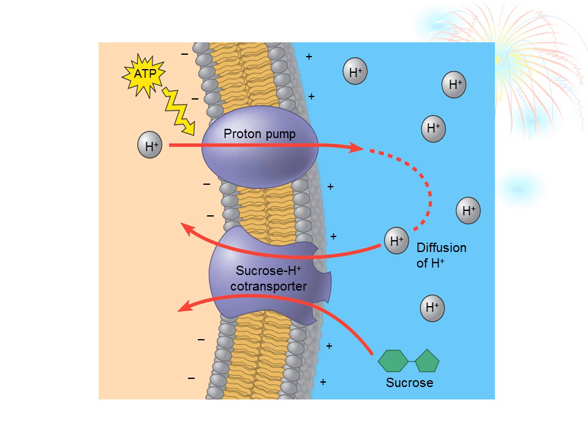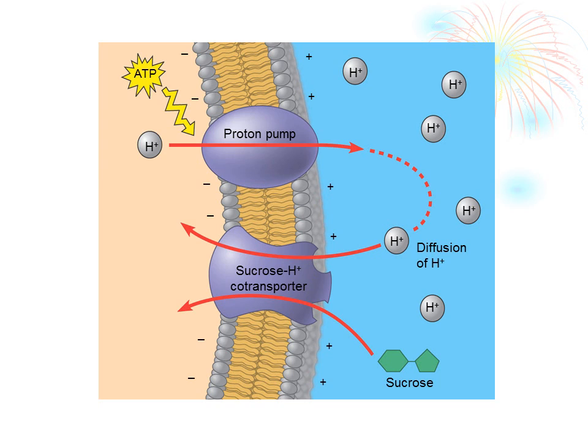So here's an example of a hydrogen gradient. What we see is we have, inside the cell, one hydrogen, and outside we have a bunch. And for some reason that cell's wanting to get rid of those hydrogens, but it's having to push them against its concentration gradient. So it's going to use ATP, or energy, to pump that hydrogen outside of the cell. Well, what happens is that hydrogen is naturally going to want to enter back in, right?